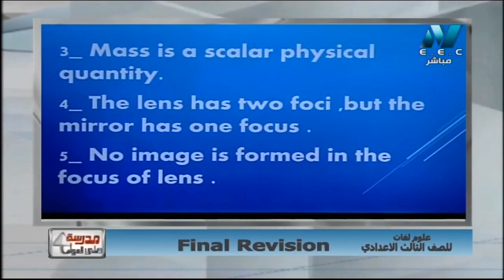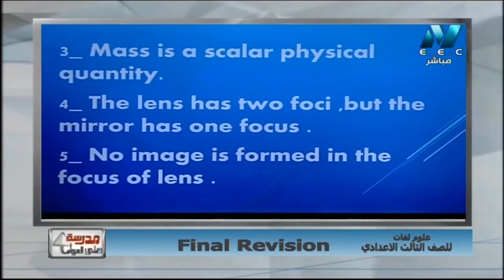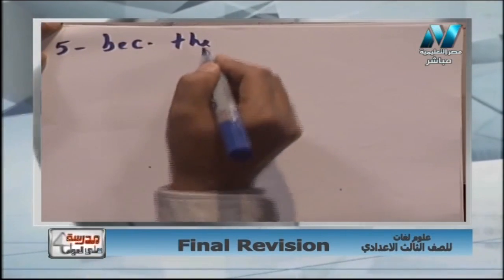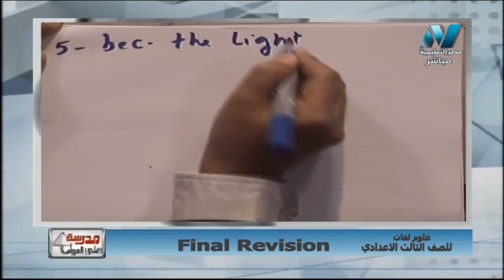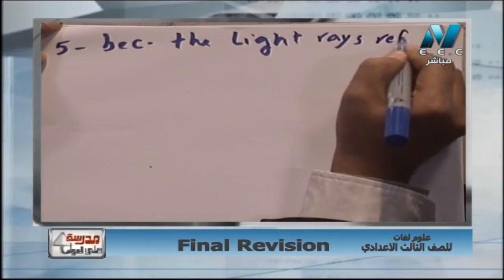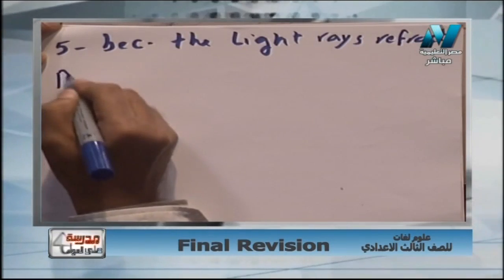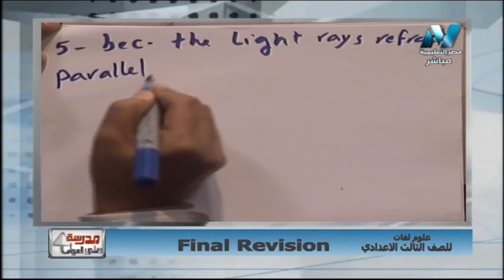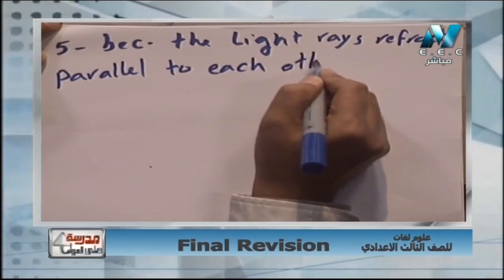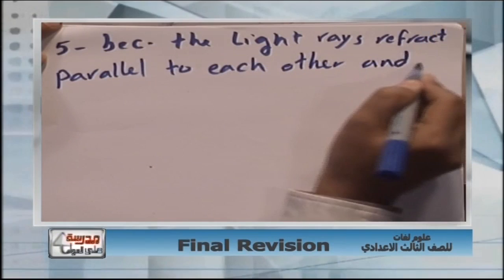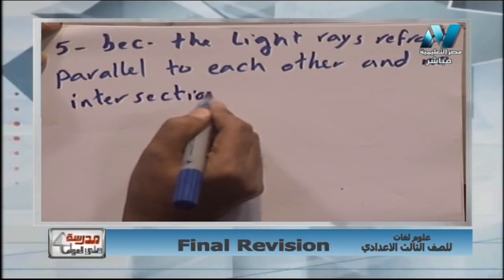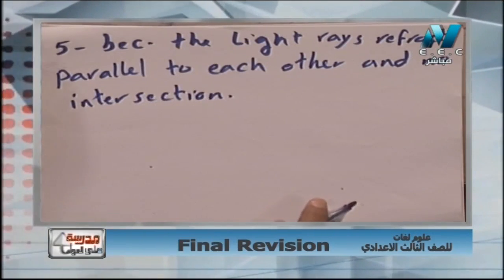Why? Because the light rays, he says lens, so refract parallel to each other, and no intersection between them, so no image.